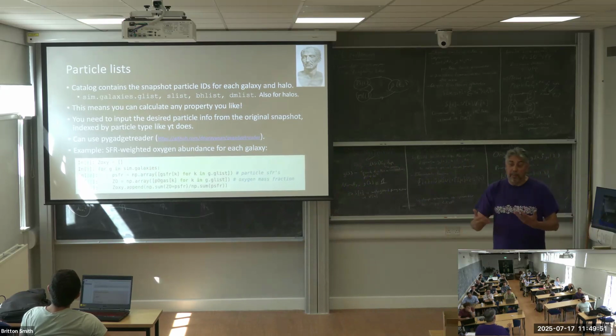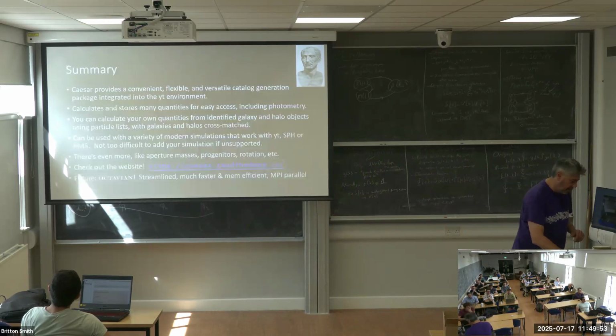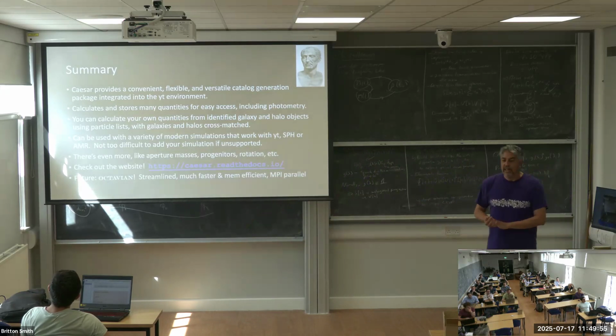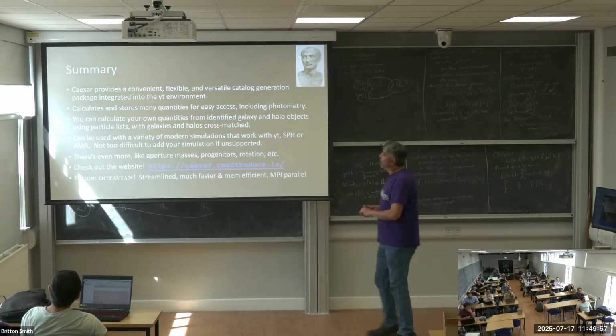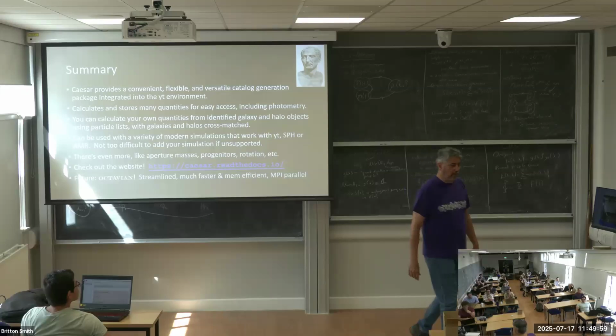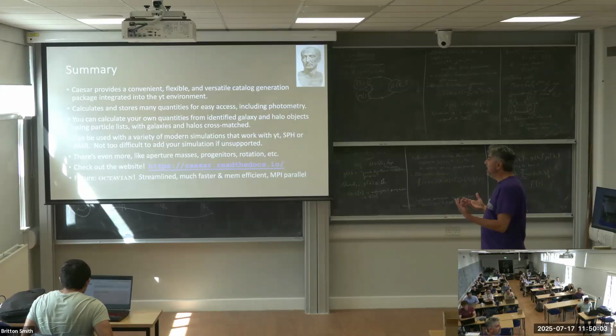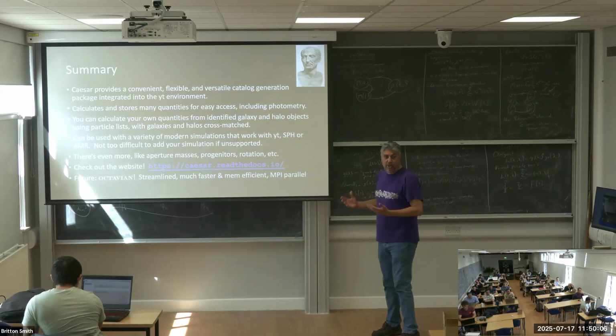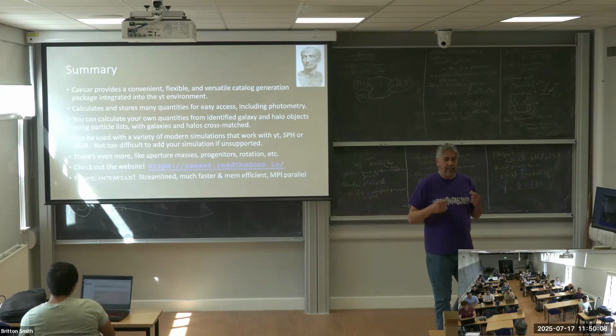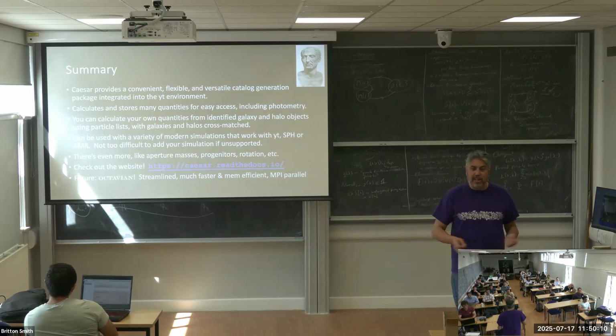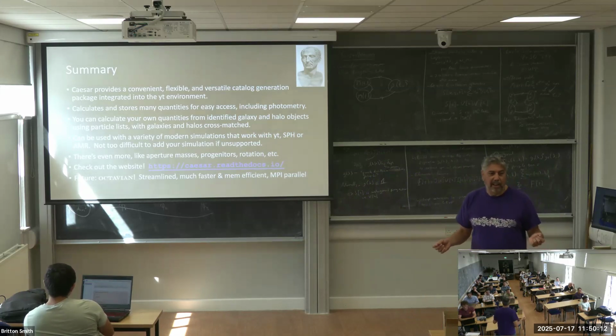So that's how you can work with the particle list. Very easy. All these examples are on the Read the Docs page. There's a lot more, but in the interest of time, we'll stop. It's been super helpful for us because it allows students and everyone to get up to speed really quickly.